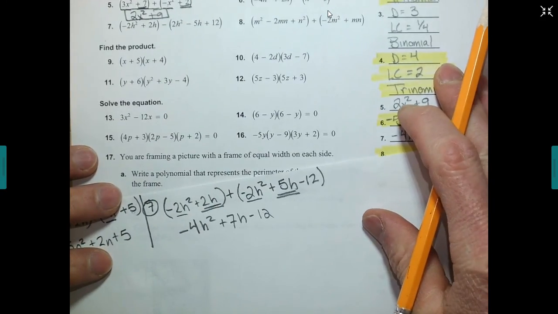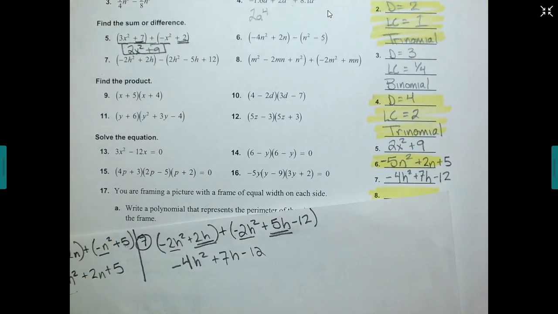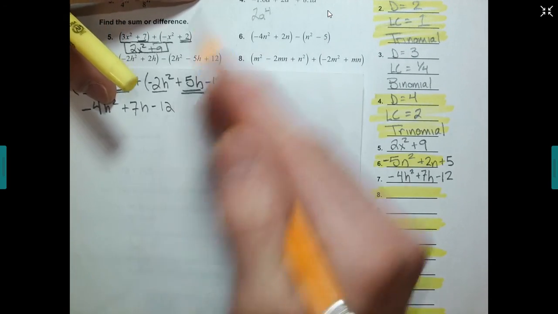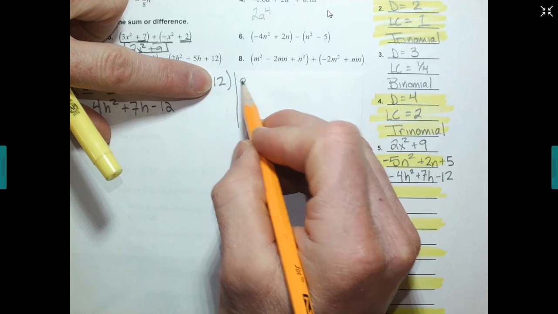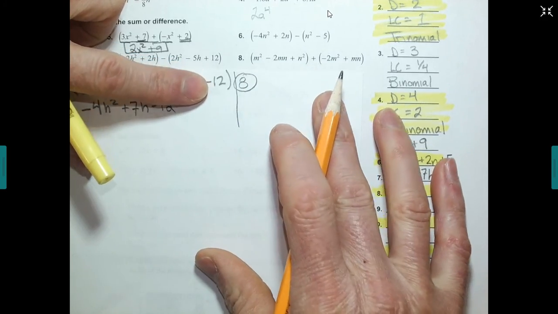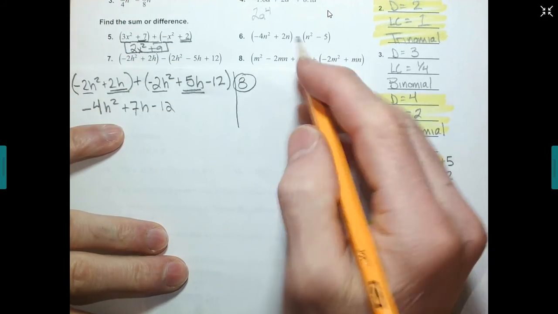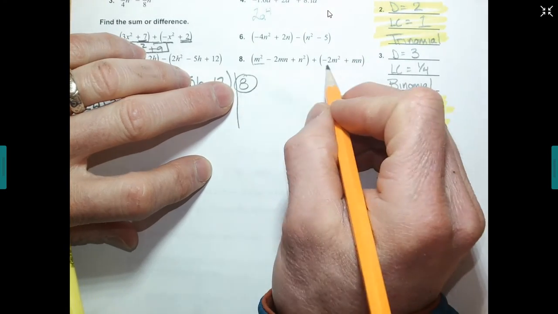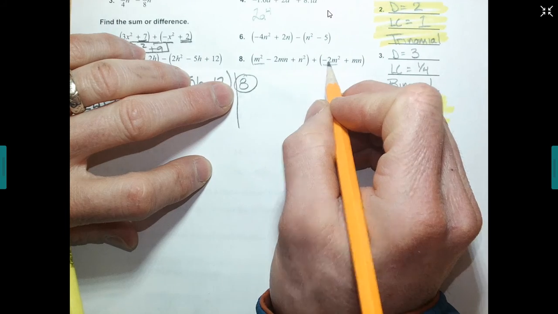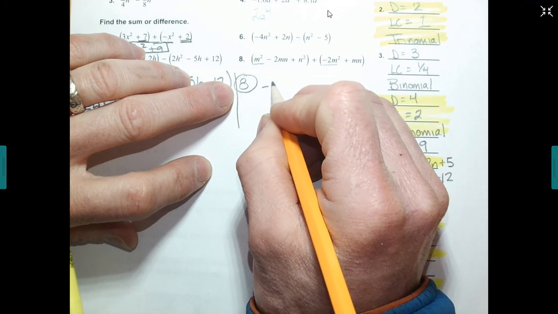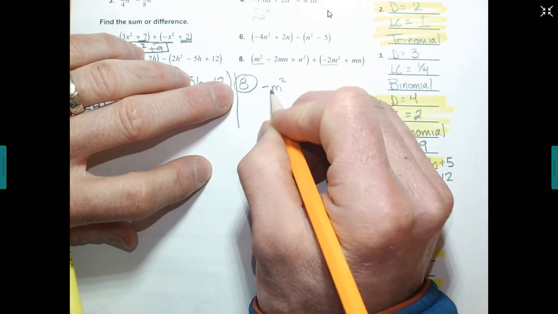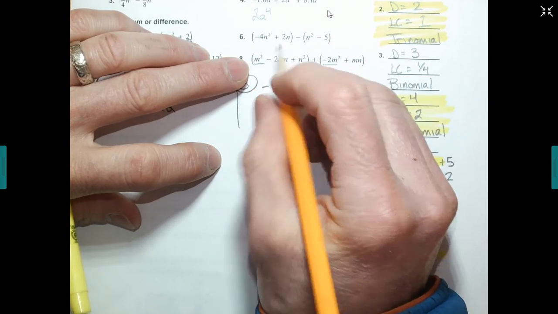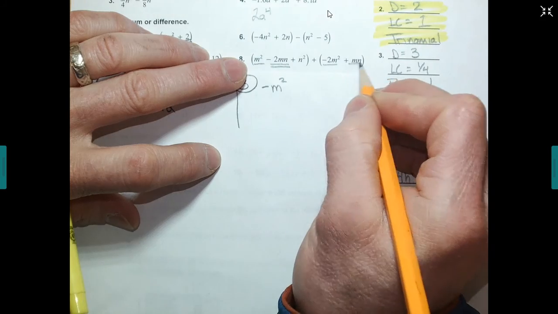Number 8. So we've got addition. So we've got m squared and m squared. So a -2 and a +1. So that's -1 m squared. So I don't need the 1 if it's just -1. We have an mn and a -mn, -2mn.